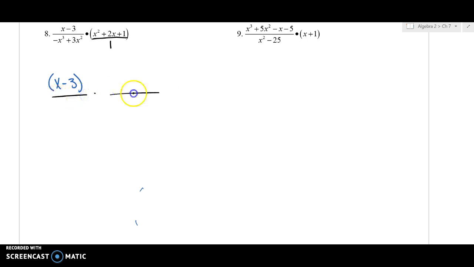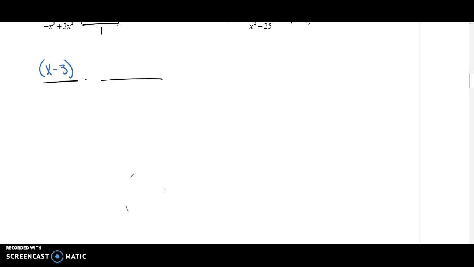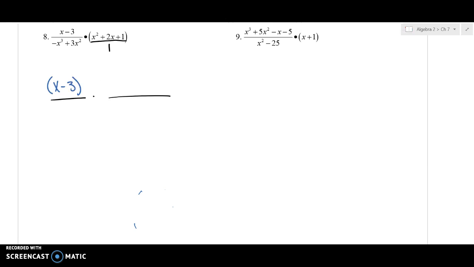Our second numerator, we need to factor x squared plus 2x plus 1. Oh my goodness. Factor this. What numbers multiply to give you 1? 1. So this has to be x and 1. 1 plus 1 is 2. So x squared plus 2x plus 1 factors into x plus 1, x plus 1.